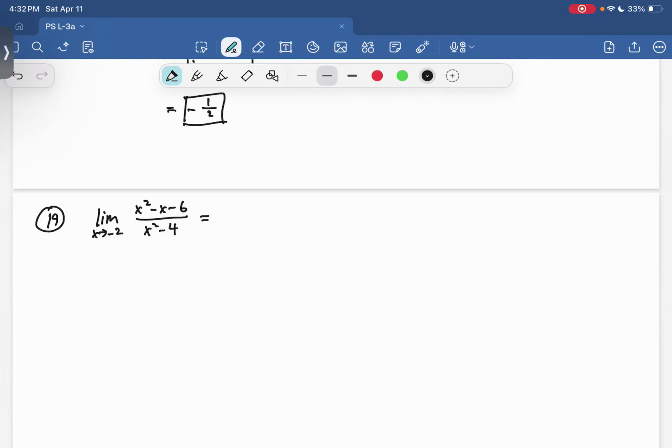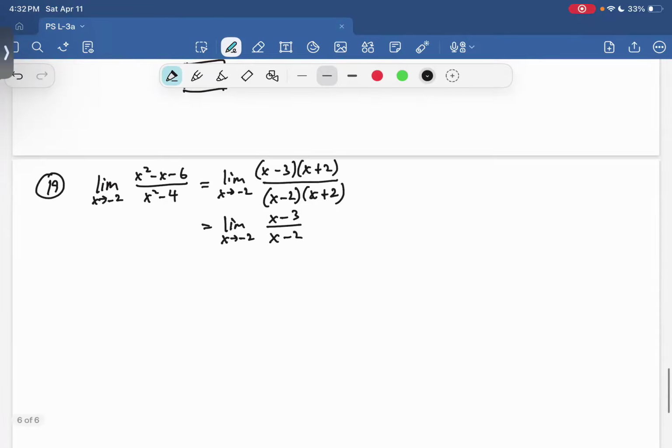So let's factor. You're going to get x minus 3, x plus 2, over x minus 2, x plus 2. So that should become x minus 3 over x minus 2.